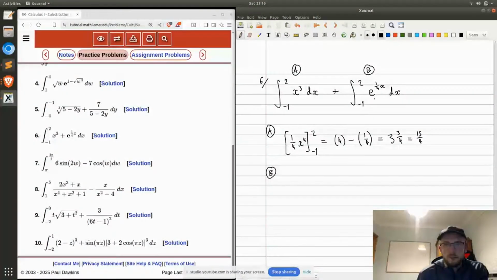For integral b, I swear I'm just trying to remember, isn't it 1/4?